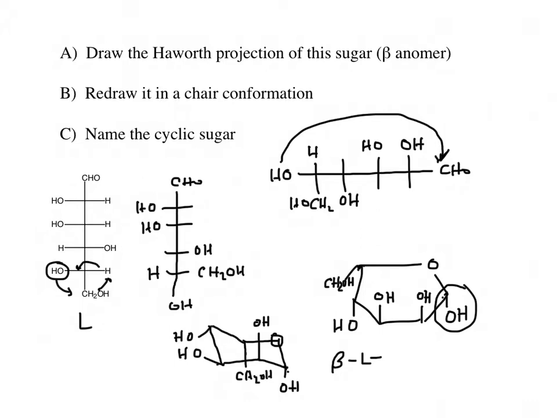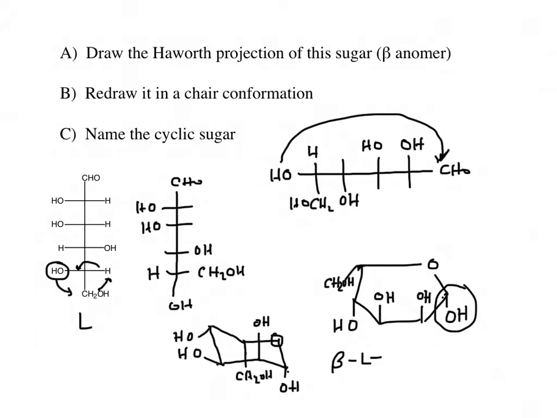What are we going to have to do? It's an L sugar. We've got to find out what its enantiomer is, right? That's the D sugar. So take the sugar, draw its mirror image. CHO, here's CH2OH at the bottom. Every chiral carbon, we're going to draw the mirror image of this thing.